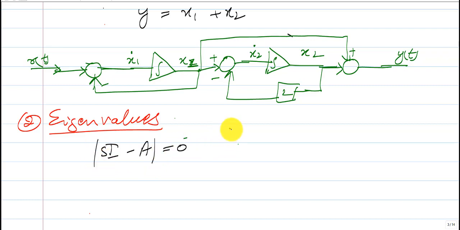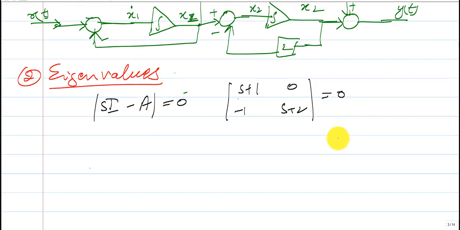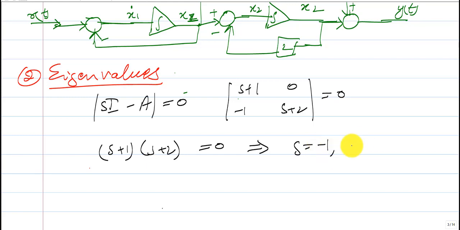That will be equal to s plus 1, 0, minus 1, and s plus 2 equals 0. So the characteristic equation of this determinant will be s plus 1 into s plus 2 equals 0, which implies that s is equal to -1, -2. So these are the two eigenvalues for this system.